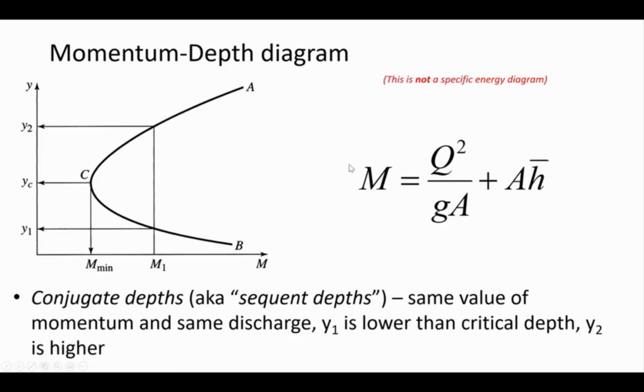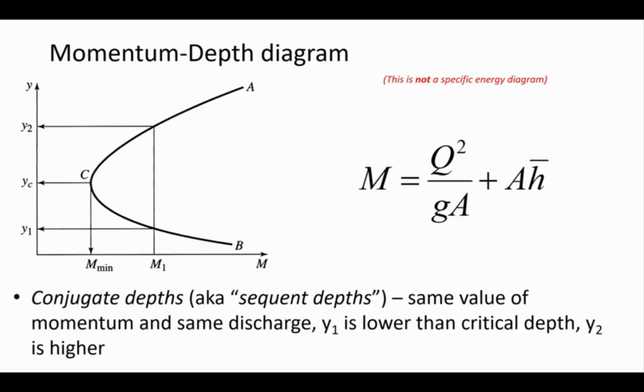So for a certain flow rate and channel configuration, you can calculate the momentum function, and for every certain amount of momentum there are two different depths. Just like there were alternate depths with the same amount of specific energy, in the case of momentum, it's called conjugate depths or sequent depths.